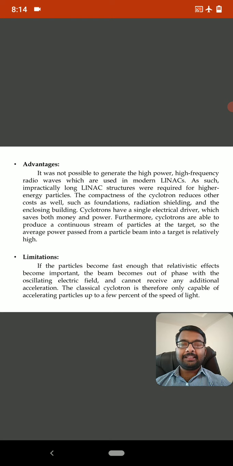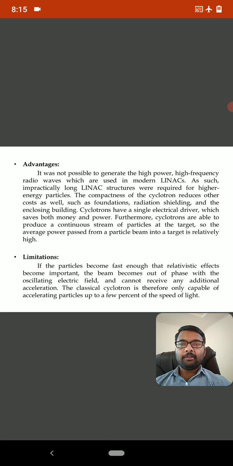With this, in today's session, we have discussed the principle, construction, working, the output energy of the particles from the cyclotron accelerator, and at last its advantages and limitations. So with this, the nuclear physics unit is completed.